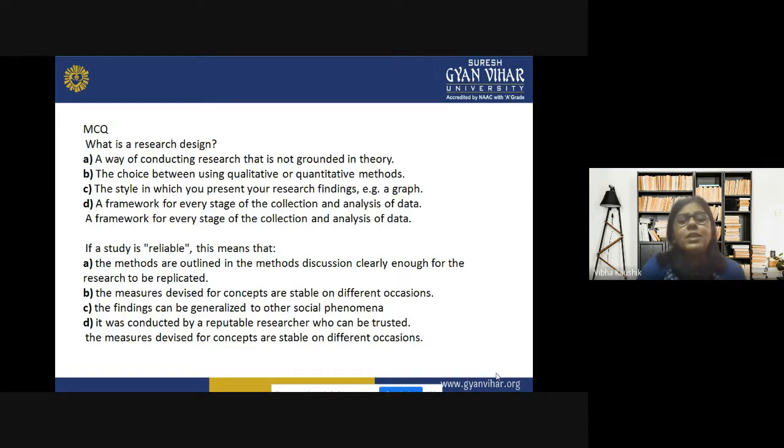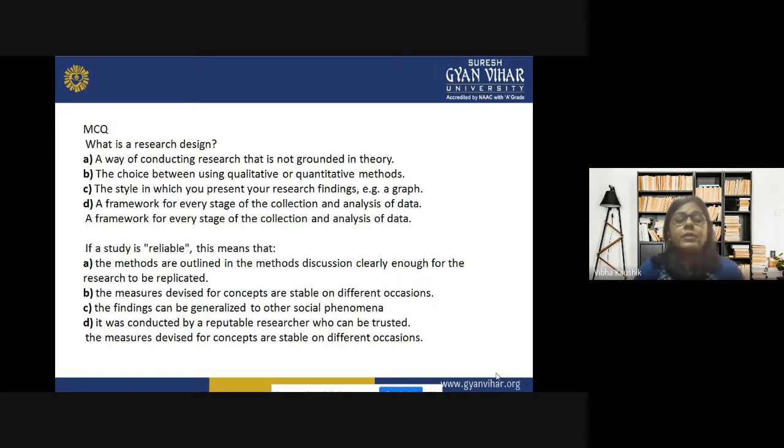Now, if a study is reliable, what do you mean, or when do we call a study a reliable one? The options are: A, the methods are outlined in the methods discussion clearly enough for the research to be replicated. B, the measures devised for concepts are stable on different occasions.